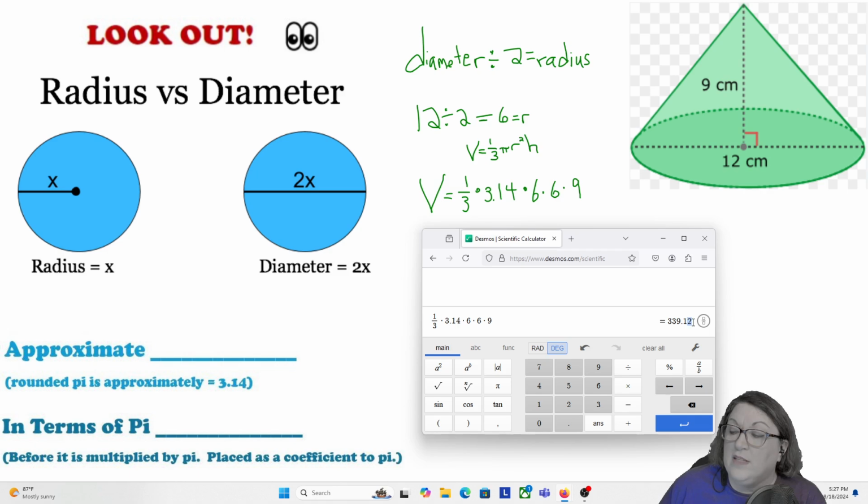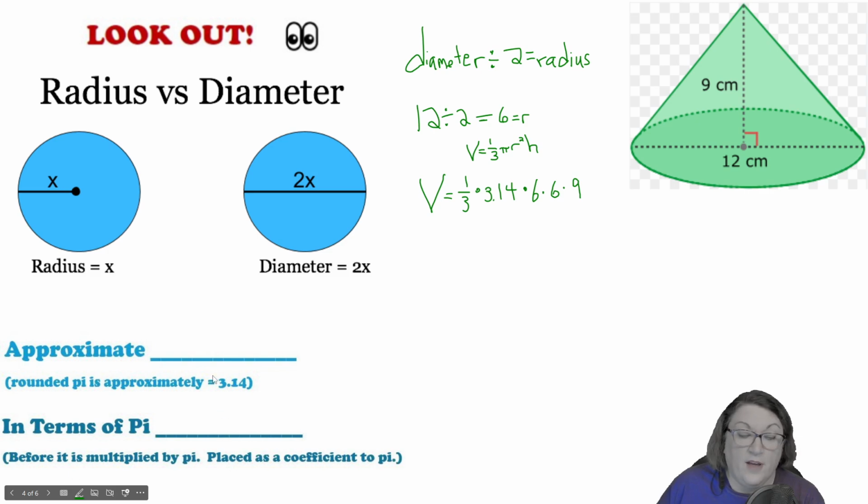If I round this to the nearest tenth, that 1 is going to stay a 1 because the 2 is not a number 5 or greater. So 339.1 is what I'm going to write as the approximate answer to the volume of this green cone. And of course, this is centimeters also, so we're going to do centimeters cubed.